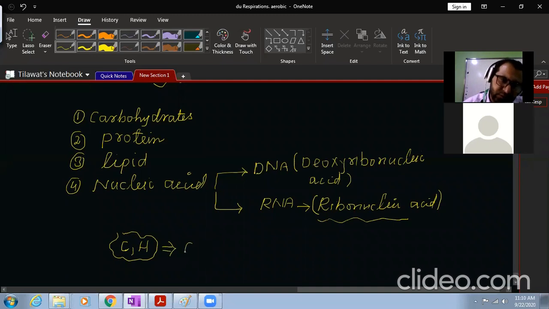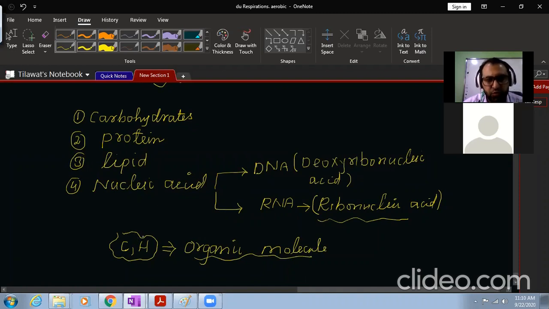Organic molecules. Because they contain carbon and hydrogen. Carbon- and hydrogen-containing molecules are organic. Okay. Now these two are present in all these molecules.